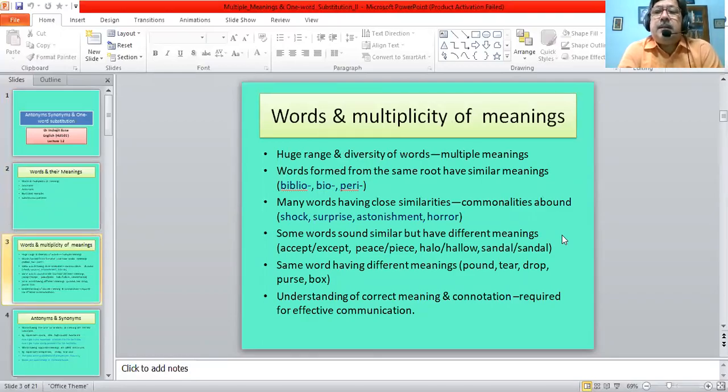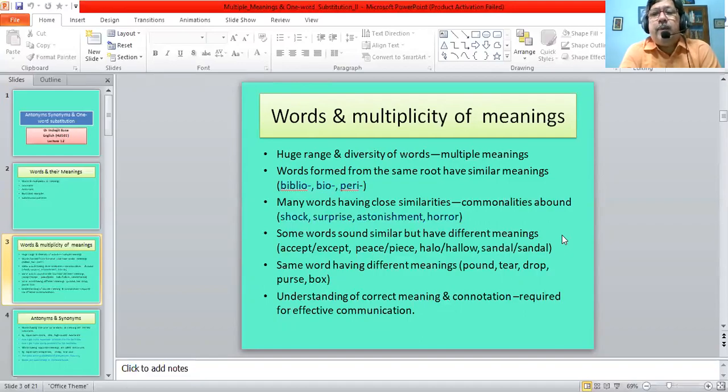To begin with, it is interesting to take a look at the huge range and diversity of English words and the multiplicity of meanings which they possess. We have already seen something about word formation in the previous lecture. Now, there are many words which are formed from the same root and have similar meanings, like biblio. From that, we get words like bibliography, bibliophile, and so on.